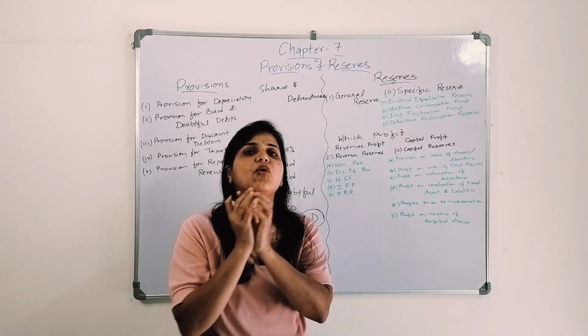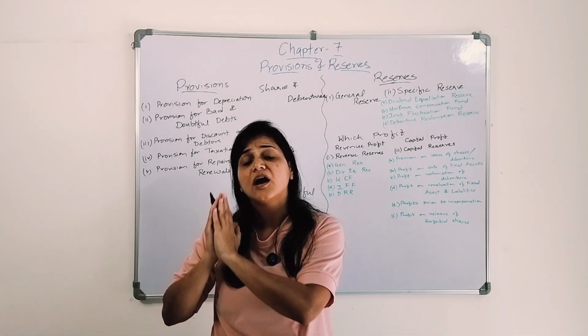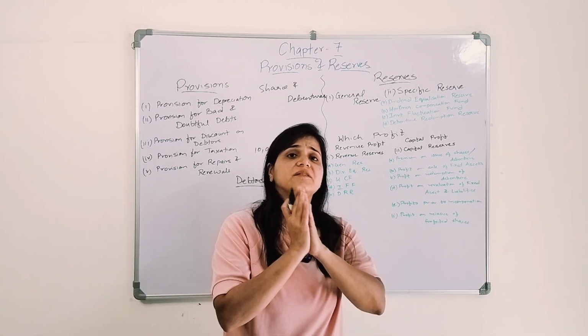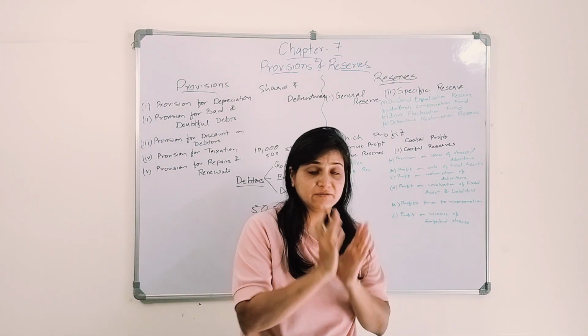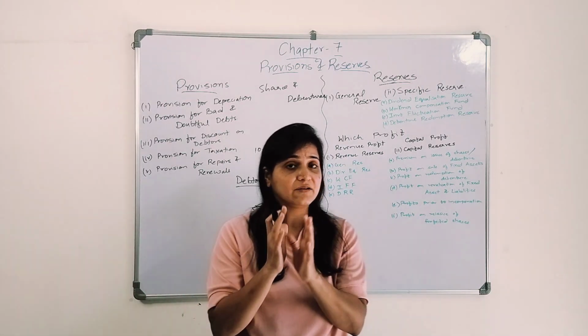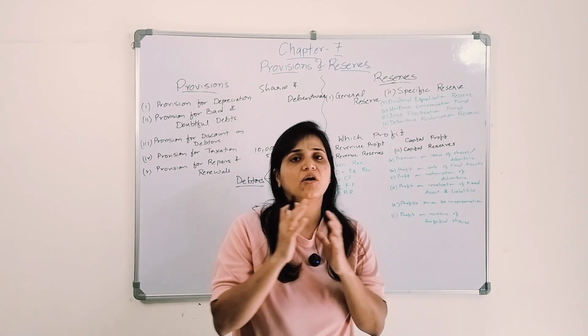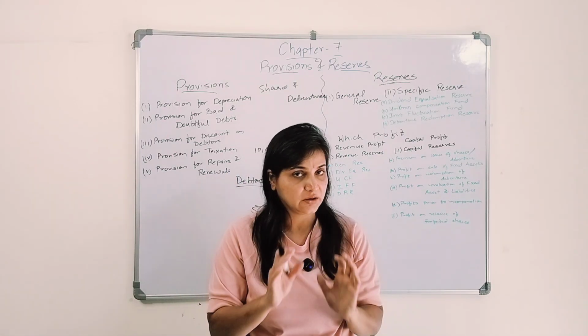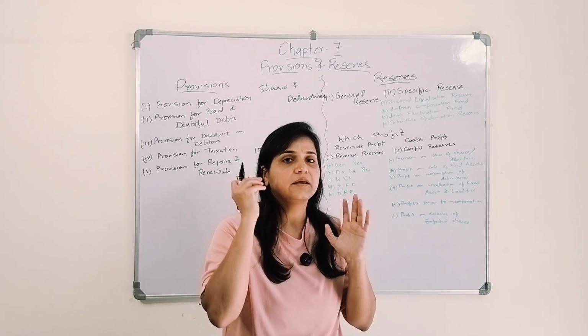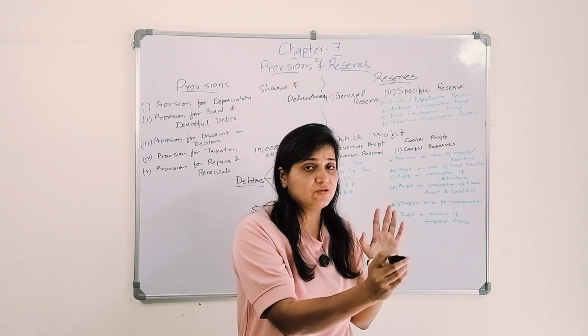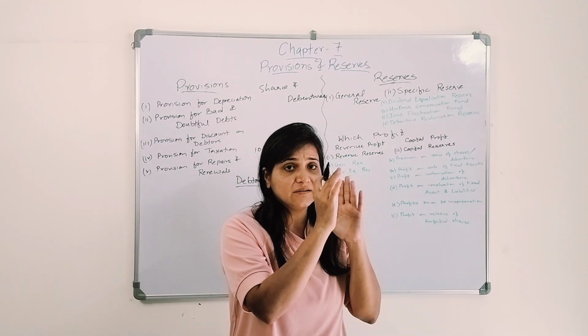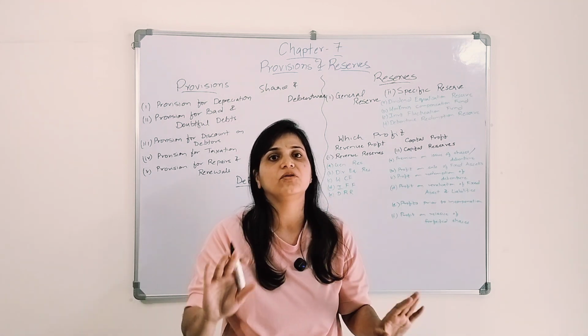A share means you become the owner of that particular company. Debentures are a kind of liability. When you become the owner, whatever profit or loss the business incurs, the owner has to bear it. So when you give money in the form of shares, if the company is running into losses, you are not going to get that money.